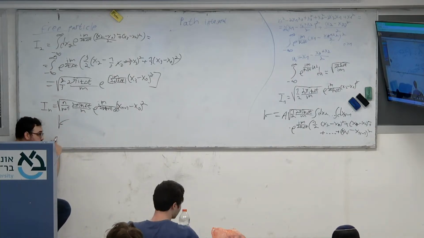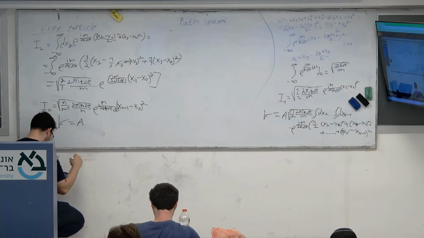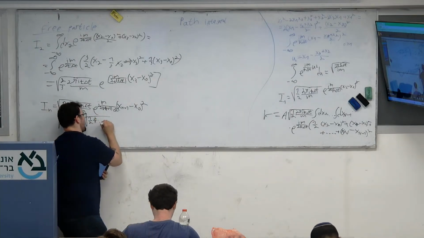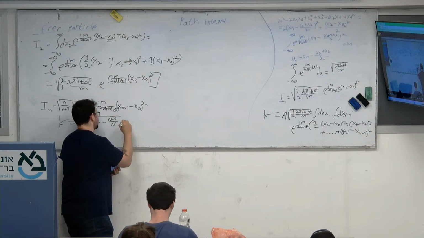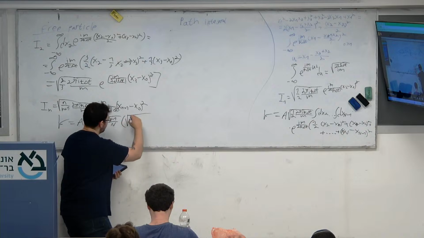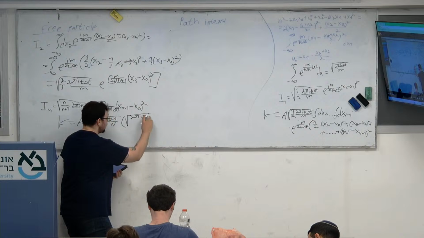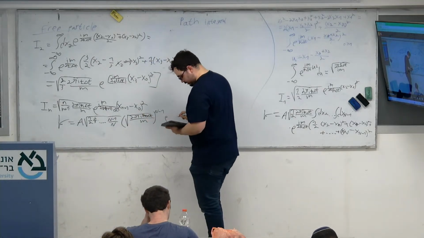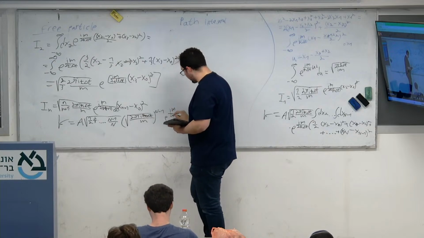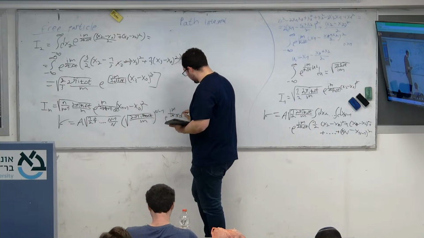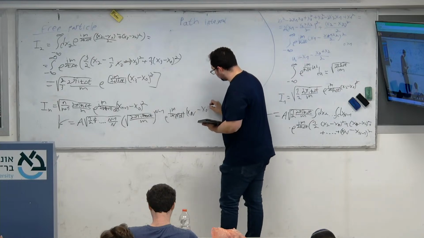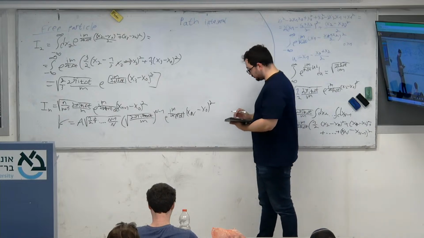okay, can you see this? I'll write somewhere else. Okay, equal to the square root of 1/2 times 2/3, up to (n minus 1)/n, times the square root of 2 pi i h bar delta t divided by m, to the power of n minus 1, times e to the power of i m over 2 h bar n delta t times (xn minus x0) squared overall.